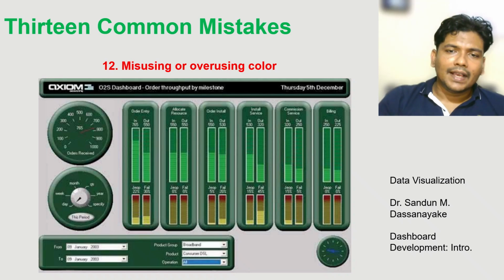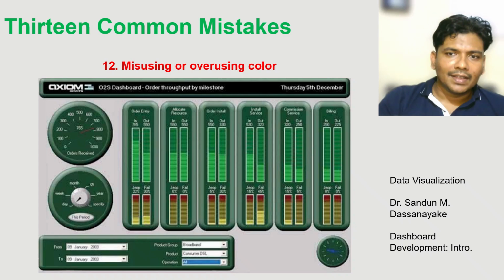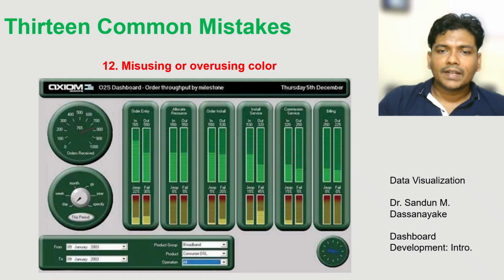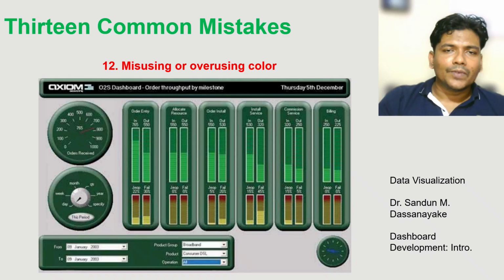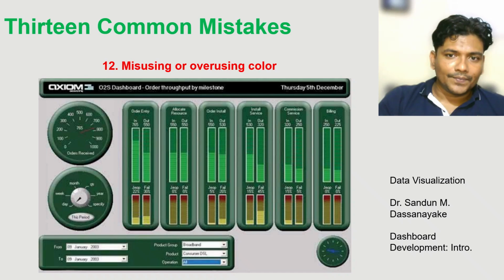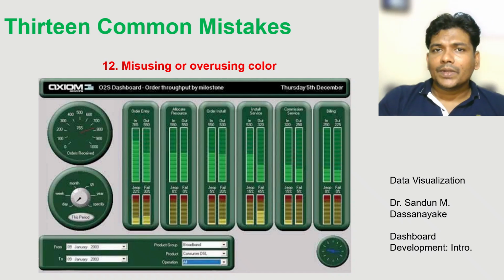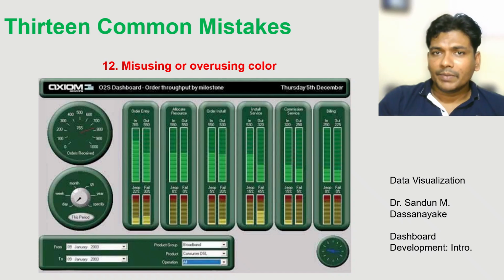If a color stands out from the usual, our eyes notice it and our minds try to figure out what it means. If two sections of a dashboard use the same color, we naturally connect them. Many people use colors like red, yellow, and green to highlight key data, but this can leave out the 10% of men and 1% of women who are colorblind.